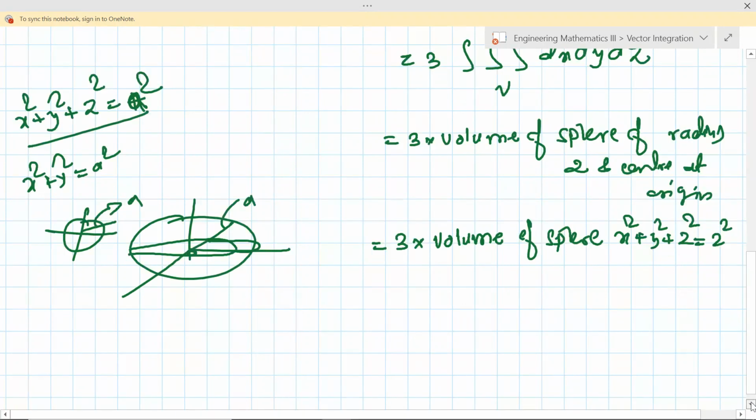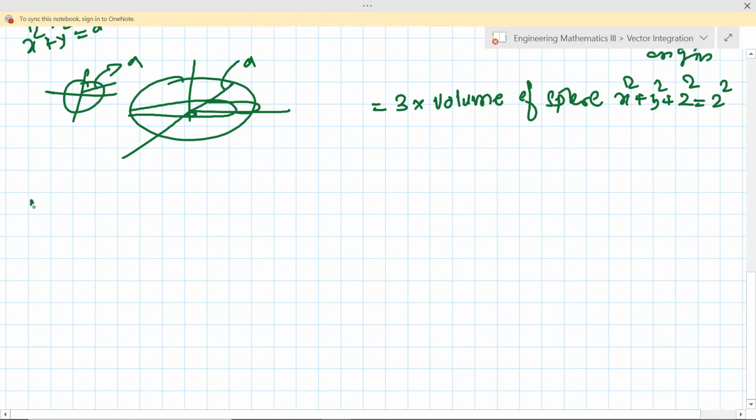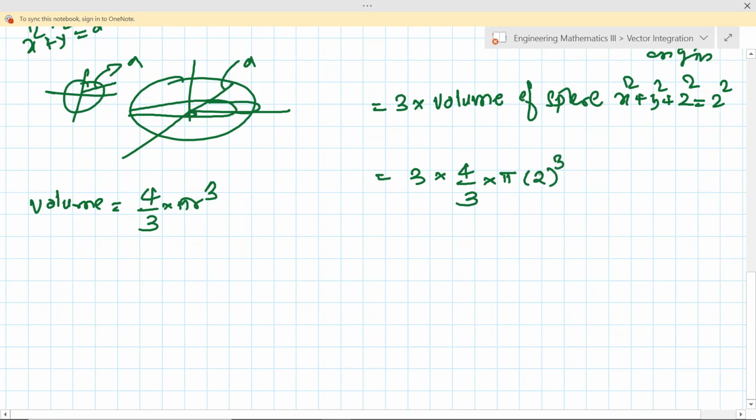Okay, now what is the volume of a sphere? So volume is equal to 4 by 3 into pi r cube. This is the volume of a sphere. Okay, and this is equal to 3 into 4 by 3 into pi into r, which is 2, cube. Okay, so this 3 gets cancelled. This is 4 as it is into pi, and what is 2 cube? 2 cube is nothing but 8.